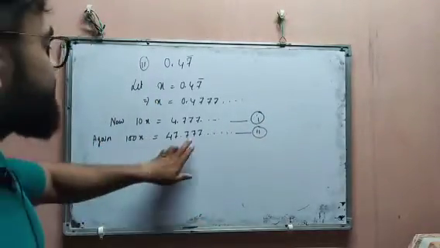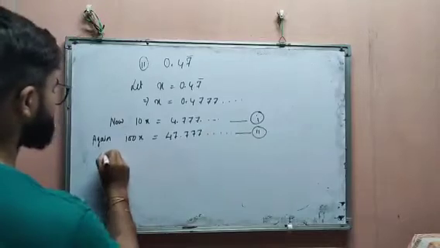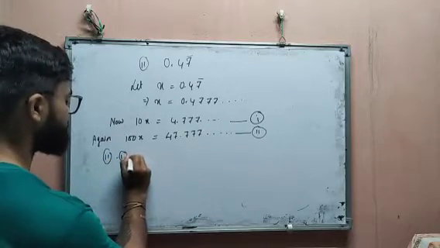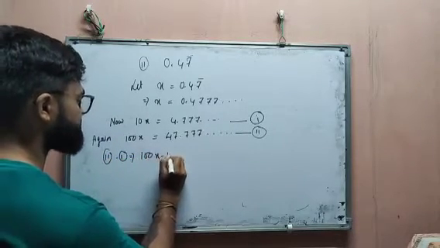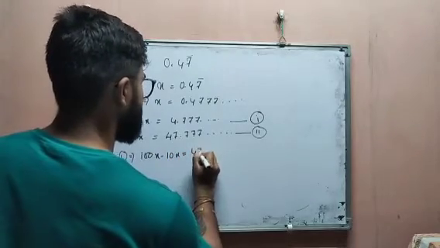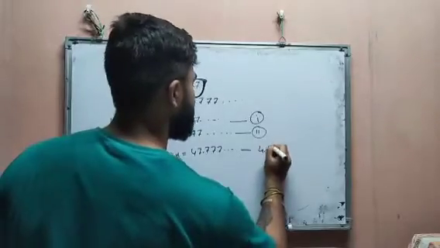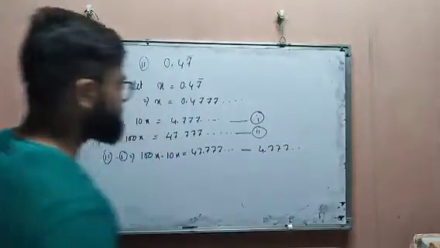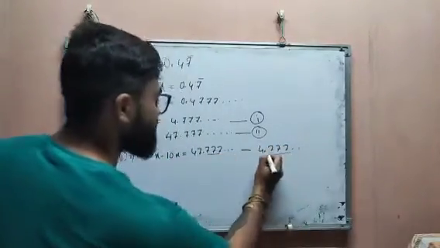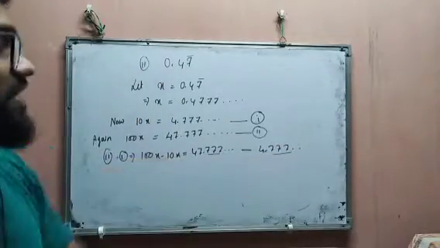Now simply we can cancel this 7 by subtracting. So 2 minus 1, so 100x minus 10x, 47.777 dot dot minus 4.777 dot dot. So this 77 and this 77 will be cancelled, whatever 7s we have after the point.